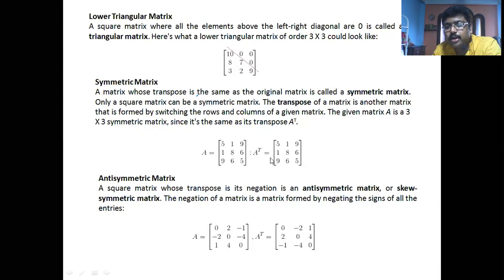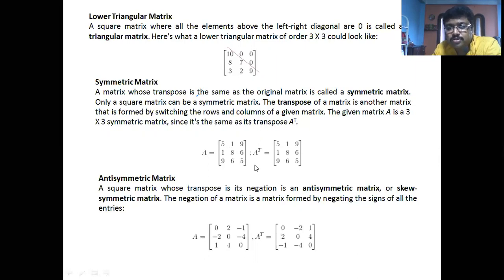If we transpose it, rows will be converted into columns. So the row 519 becomes column 519, row 186 becomes column 186, and row 965 becomes column 965.